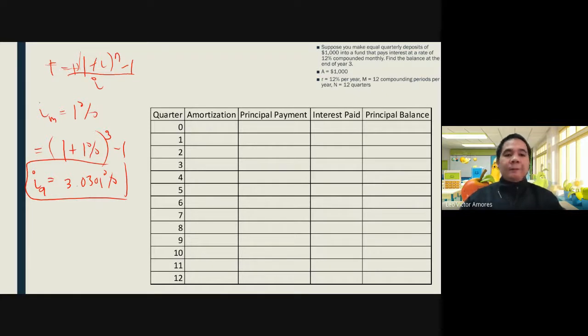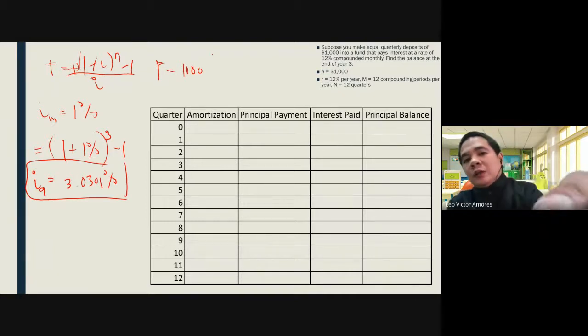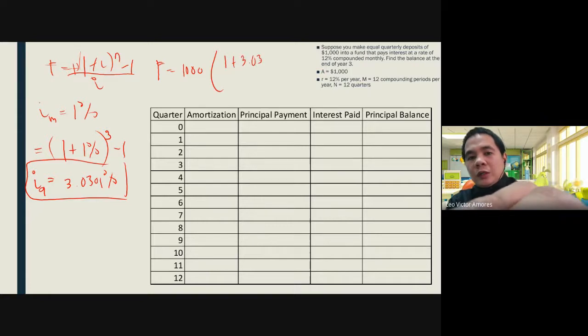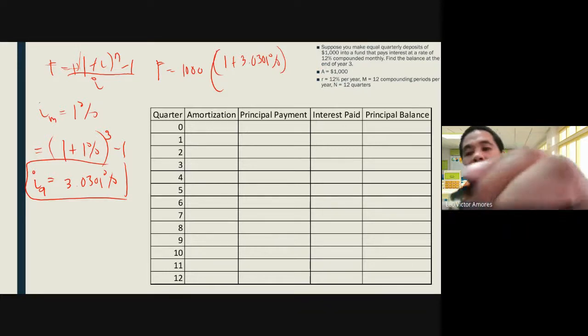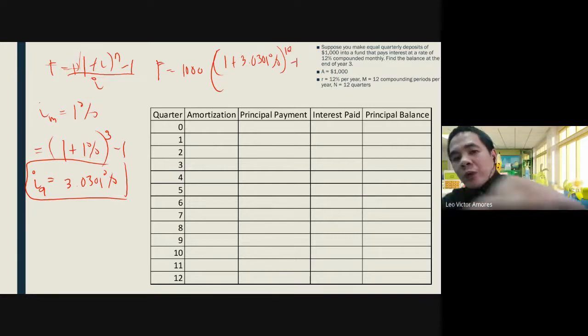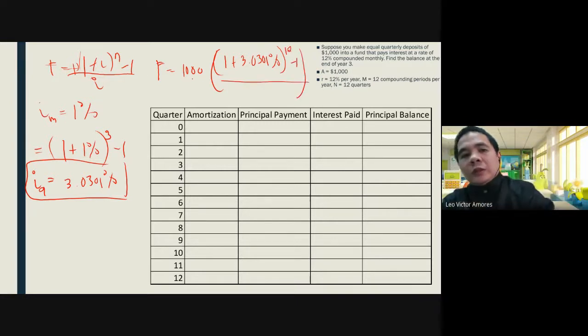So therefore, the future value of the 1,000 quarterly payments is multiplied by 1 plus 3.0301% to the exponent of how many? This is a quarterly rate. How many quarters? That is 12, minus 1, divided by 3.0301%.